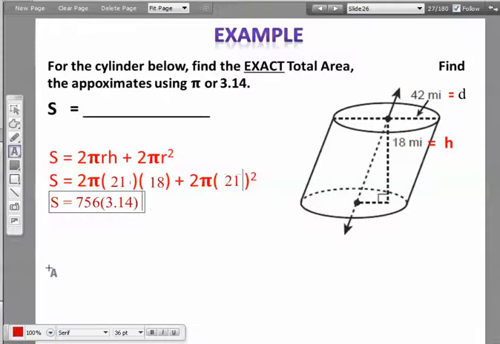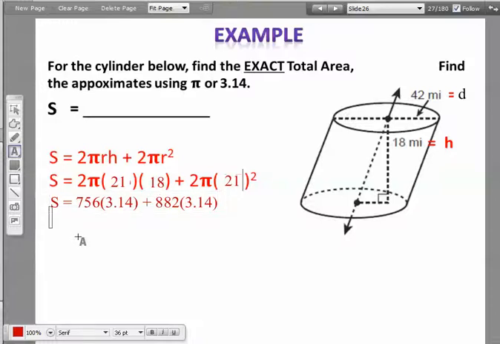And then I'm going to put my plus sign, and then 21 squared. Remember, you do your exponents before you multiply. Times 2, it's going to be 882. And I'm going to put 3.14, just like that.